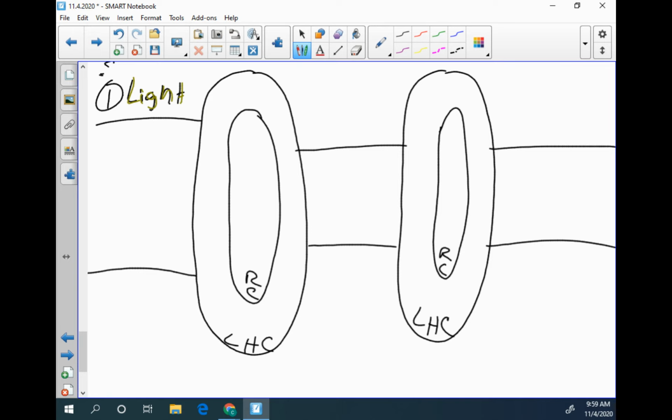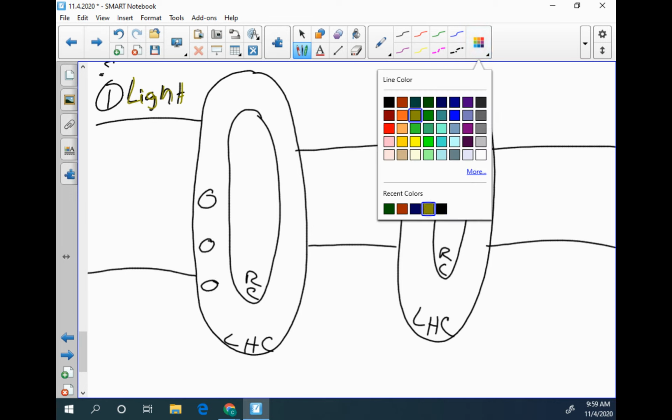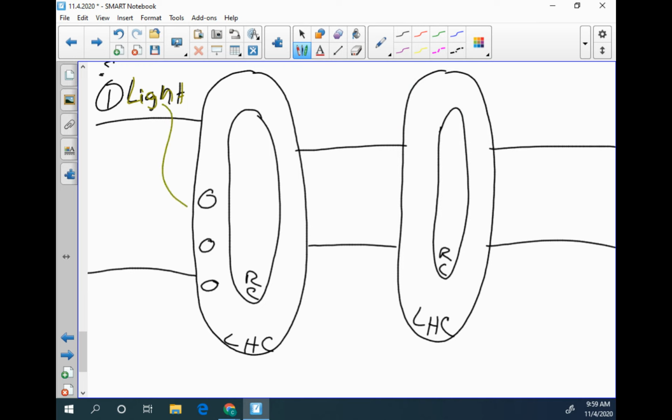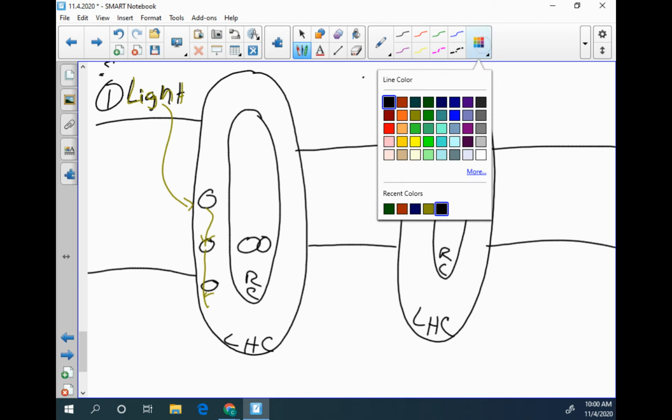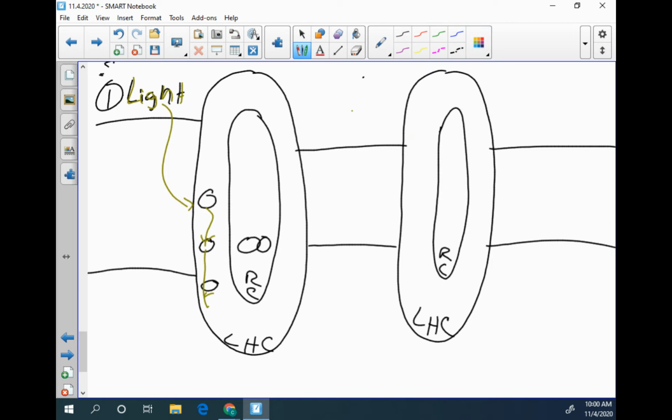So step 1 is that light will hit our pigments, which will eventually transfer to our two special chlorophylls in the reaction center complex. And that's step 1.